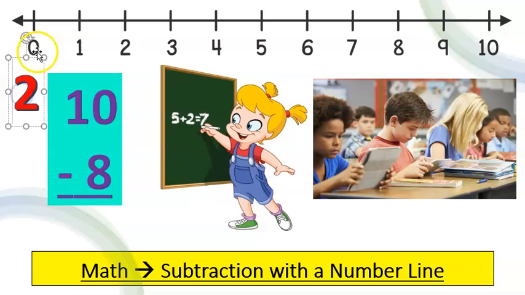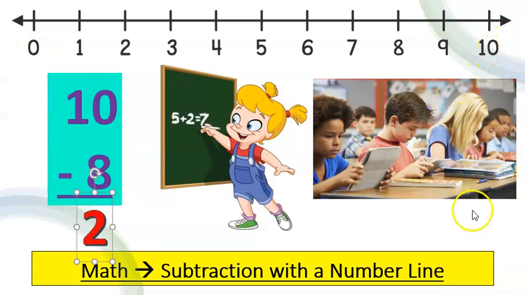So that's our answer here, boys and girls, okay? So 10 minus 8, that is going to equal 2. Okay? When we use that number line. 10 minus 8 equals 2. Let's read it again. 10 minus 8 equals 2.